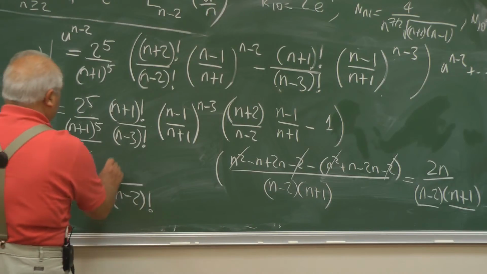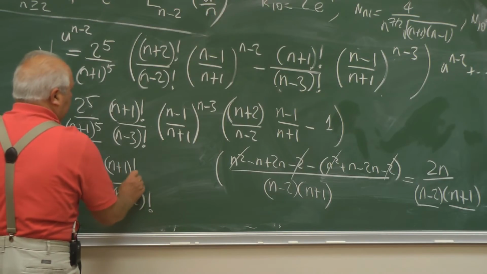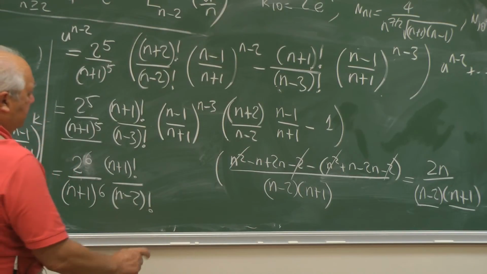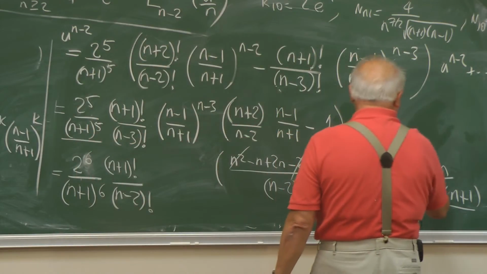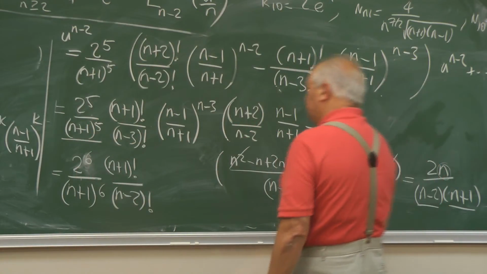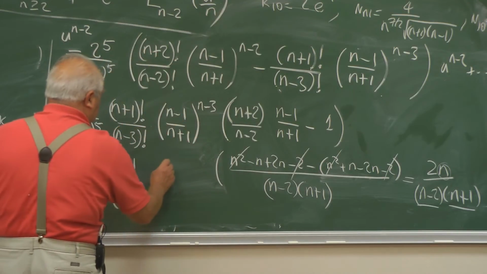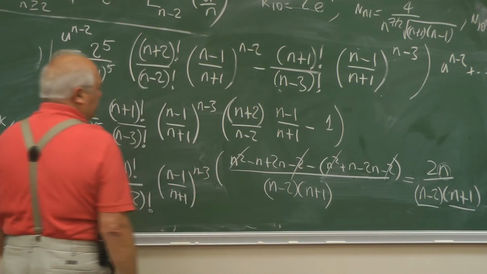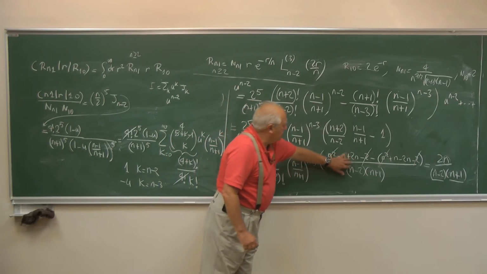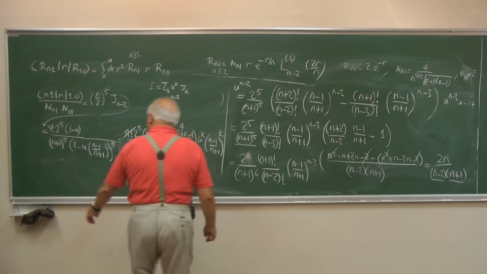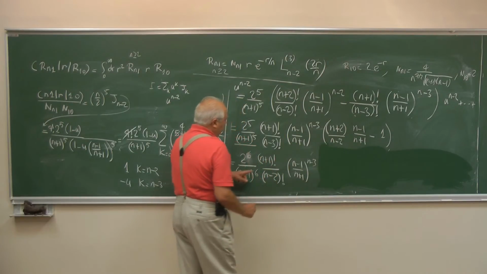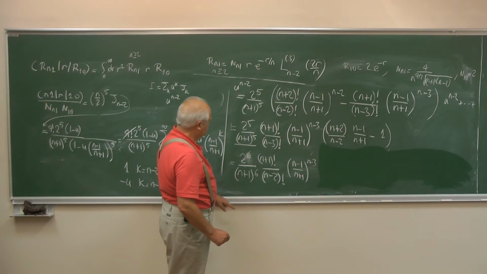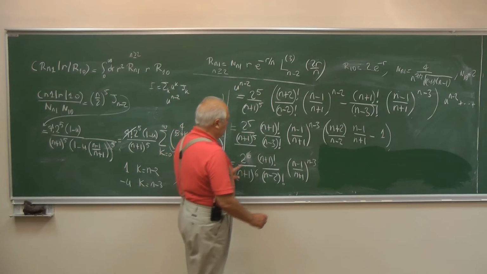Here I have n plus 1 factorial. I did not use the n here, I used the 2. N is waiting, and here it is n minus 1 over n plus 1, n minus 3. I can erase this part now because we did the calculation. This is n plus 1 factorial is n plus 1, n. I used, let me write n here.